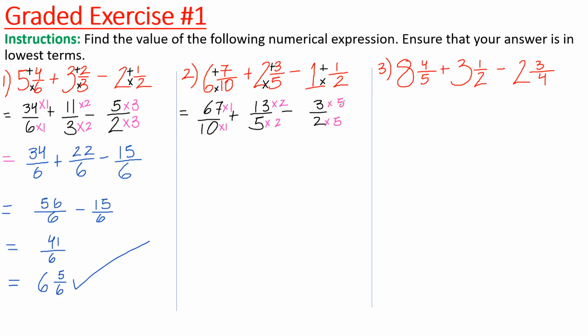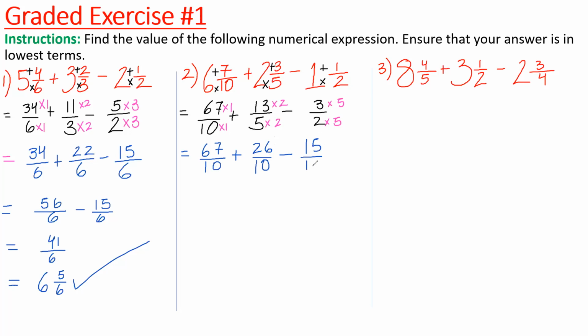Now 67 times 1 is 67 over 10, 13 times 2 is 26 over 10, and 3 times 5 is 15 over 10. That's correct.